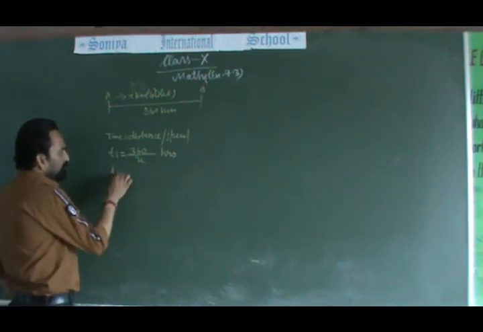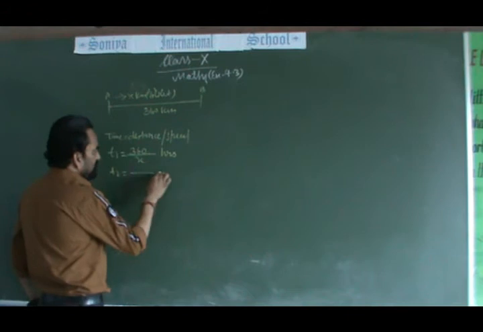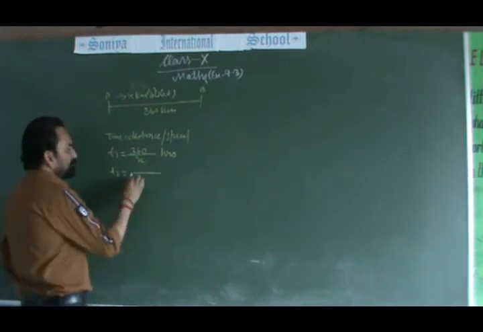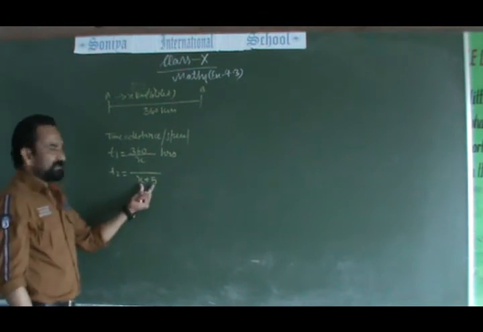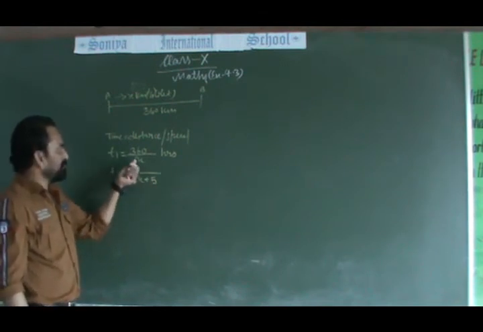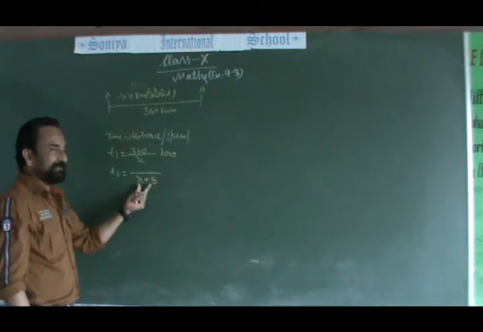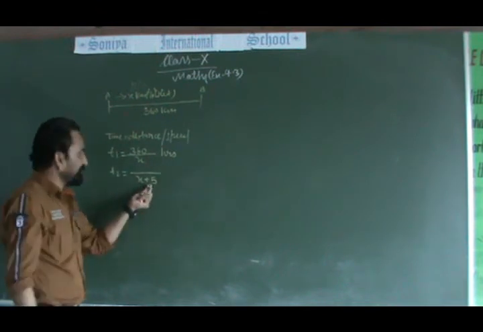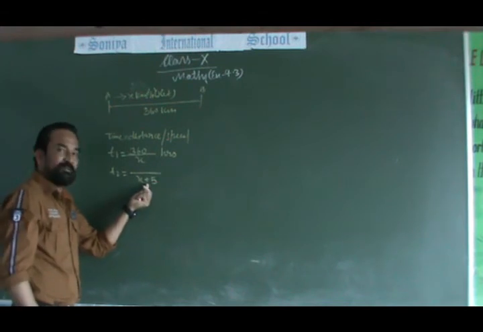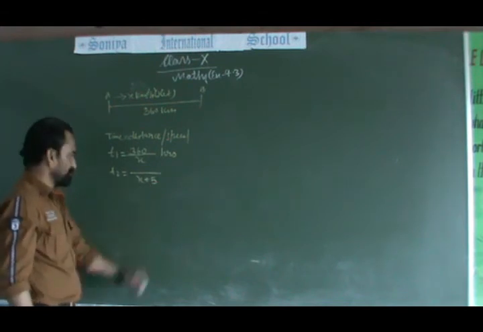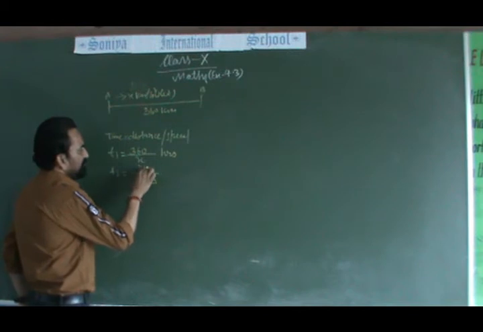And according to the question, if its speed increases by 5 km per hour, now the speed is increased. Previously, the train was traveling with the speed of x km per hour, but in the second case, we increase the speed by 5 km per hour. So for that we use the mathematical operation plus, and the distance covered is the same.